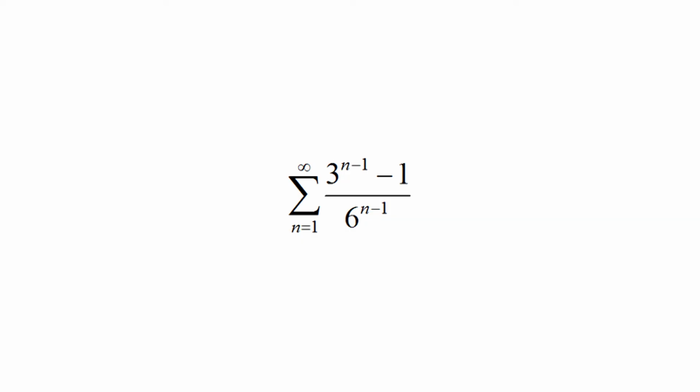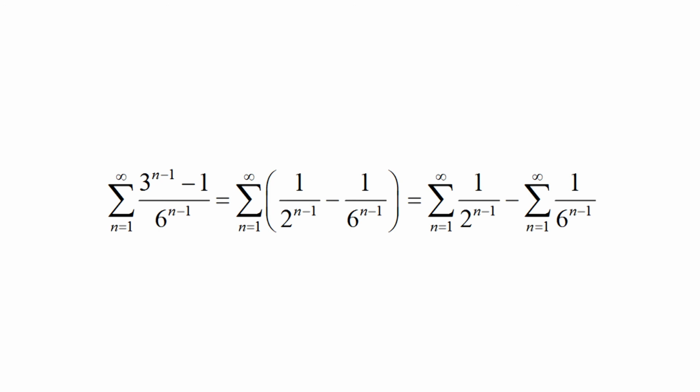We use the above rules to find the sum of the series summation (3^(n-1) minus 1) upon 6^(n-1), n from 1 to infinity, which is equal to summation (3^(n-1) upon 6^(n-1) minus 1 upon 6^(n-1)), which is equal to summation (1 upon 2^(n-1) minus 1 upon 6^(n-1)), which is equal to summation 1 upon 2^(n-1) minus summation 1 upon 6^(n-1), n from 1 to infinity, using the difference rule.